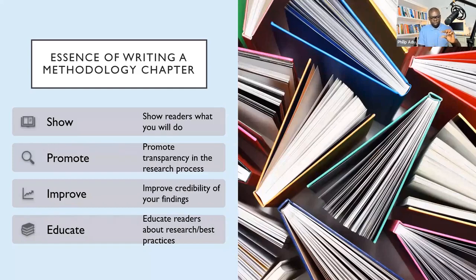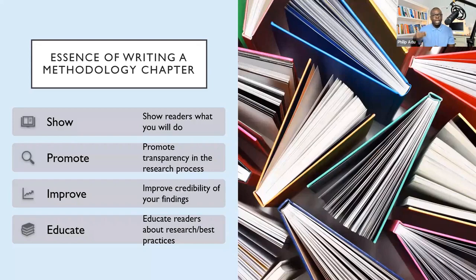It's quite related to the transparency process, because if you are transparent, people will believe what you found, and it also increases the credibility of your findings. People will trust your findings. It's also a way of educating your readers, right? You are not only telling people what you did, but also leaving very good information there so that at the end of the day, people can replicate, right?